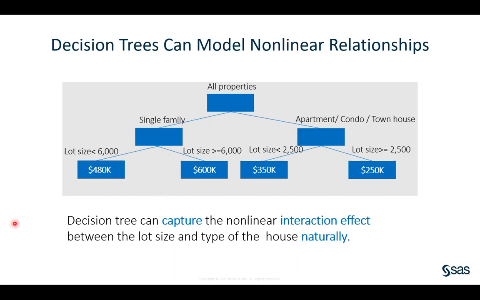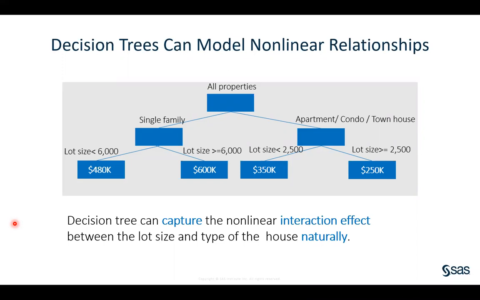For example, here we have a simple tree for a housing data set where the goal is to predict the value of a house based on a set of input variables that includes housing type, such as single family or townhouse, or lot size. This tree learned that for single family houses, larger lots are more expensive.